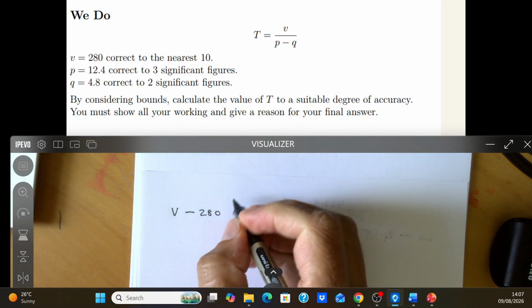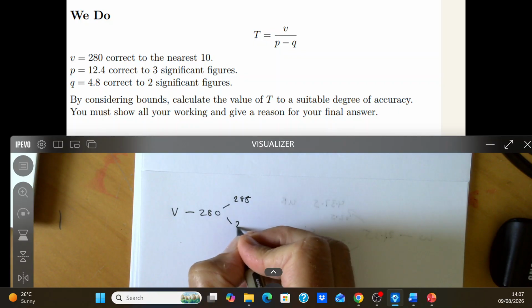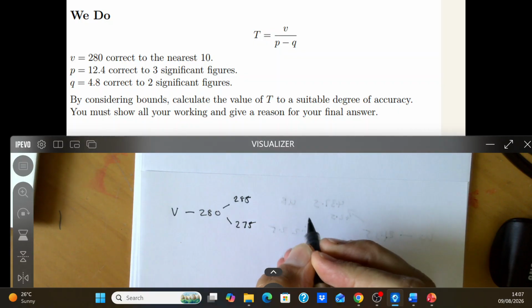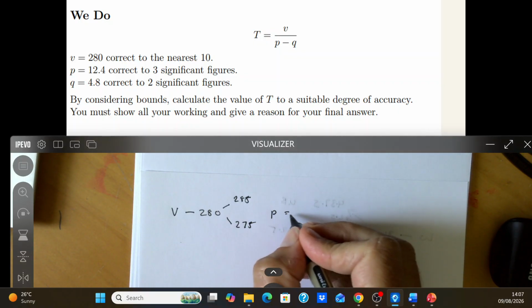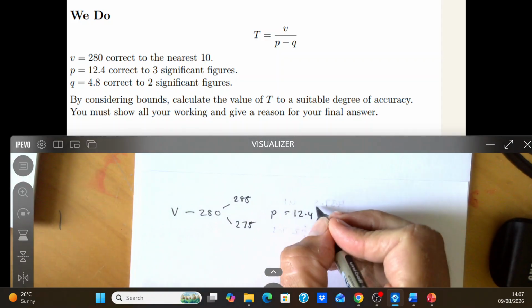That is to the nearest 10, so 285, 275. P, three significant figures.